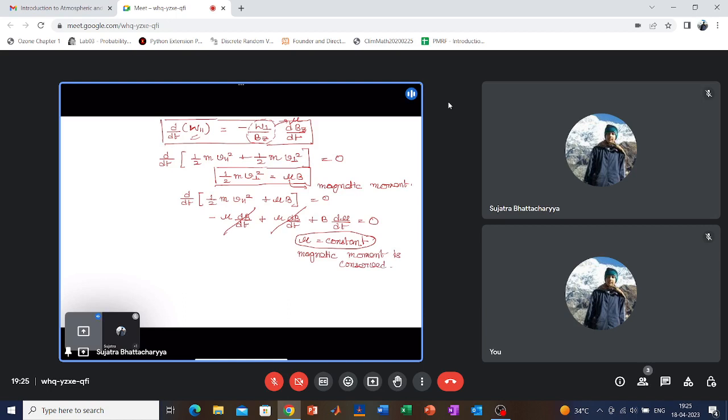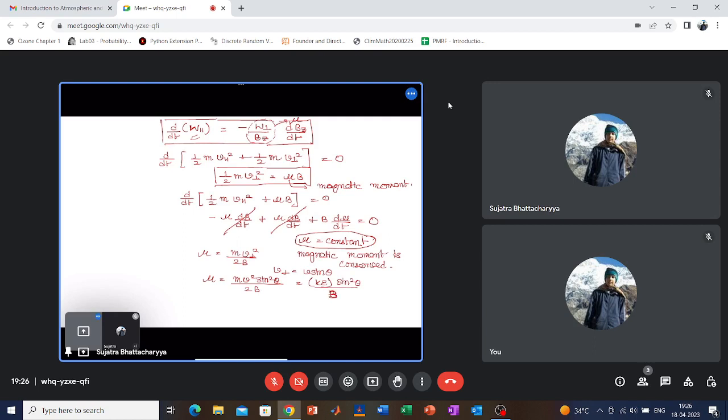Now what is happening? Now the next thing, that is the criteria. So suppose this mu is m v perpendicular square divided by 2b, and what is this v perpendicular? It is actually v sine theta. So this mu becomes m v square sine square theta divided by 2b, and that is nothing but the kinetic energy times sine square theta divided by b.